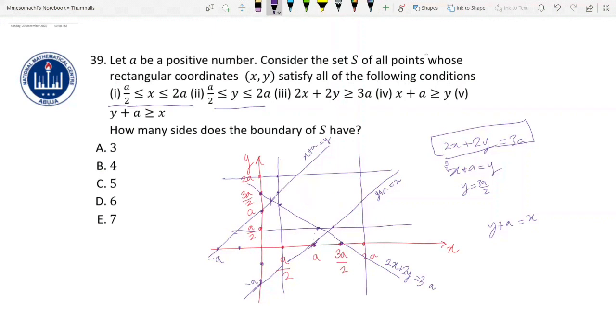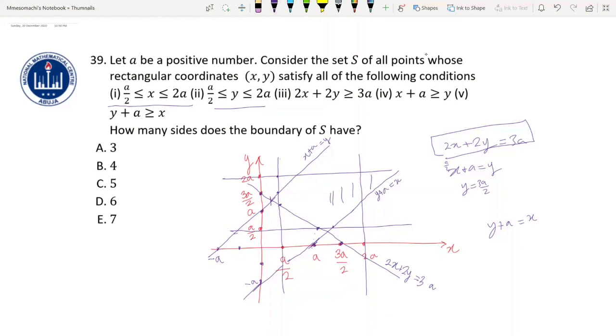And then for x plus a to be greater than or equal to y, we're talking of the points to the right of the line, because x plus a has to be greater than y. And for y plus a greater than or equal to x, we're talking of the points above the line.